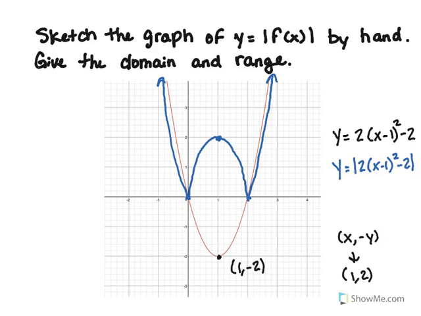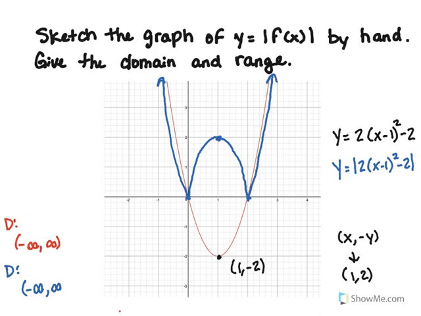Now the domain of the function in red would have been negative infinity to infinity. And remember, these are non-inclusive brackets. But the domain of the new function is also negative infinity to infinity. Remember, domain is we're looking at the x-axis. What values could I get on the x-axis?